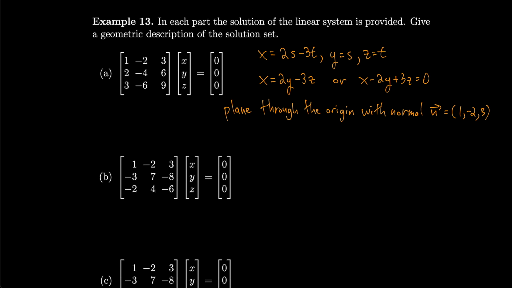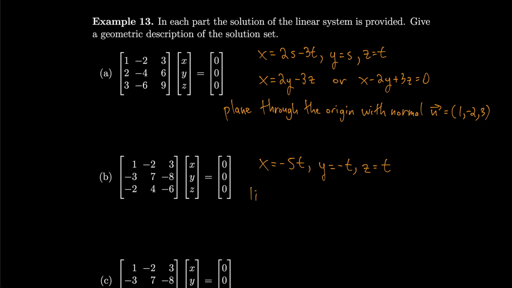For the second one, notice that in this case this is a scalar multiple of this, so z is going to be your free variable. It shouldn't be super surprising if you solve it to see that x is minus 5t, y is minus t, and z is t.